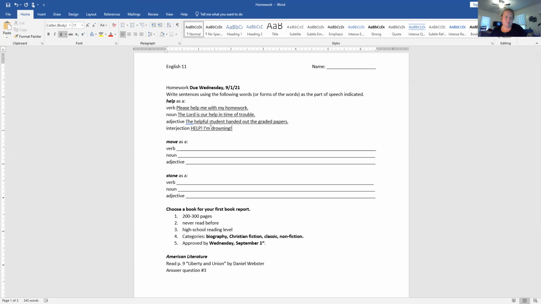All right, so let's look at move. So move, we think of move as an action word. So I think the verb part of this is probably the easiest. So you can say, please move your desk to the other side of the room. So we have move as a verb. There's an understood you there.